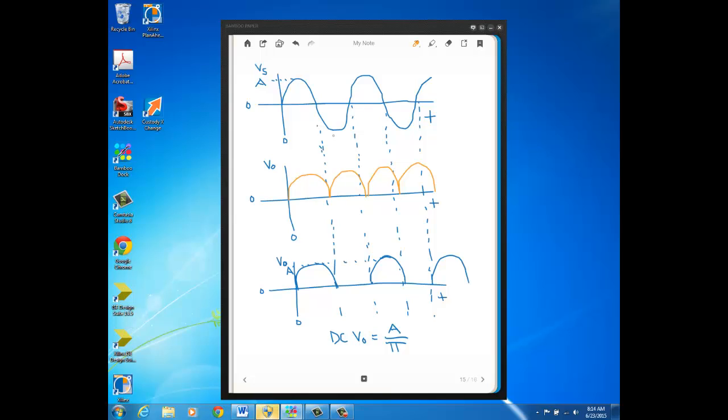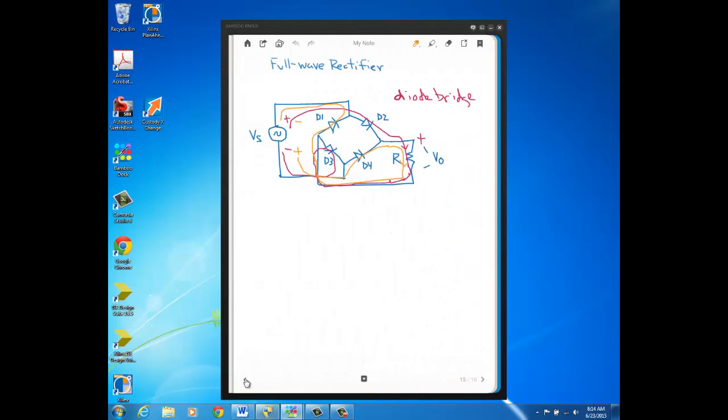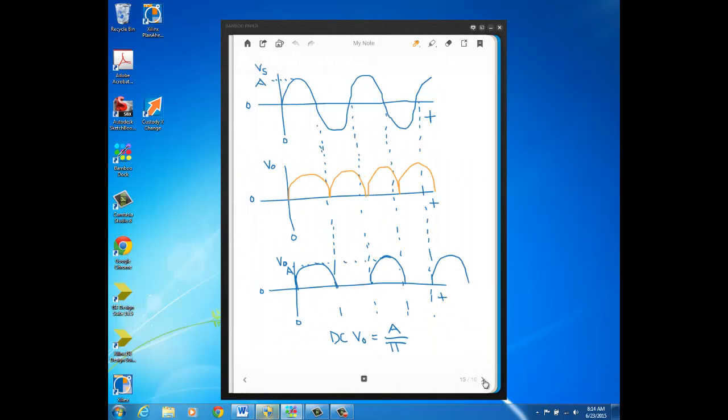So effectively, because the current is traveling through the load in the same direction for both half cycles of the source, the negative half cycles of the source get flipped up at the output. So we just get a stream of positive half cycles at the output.